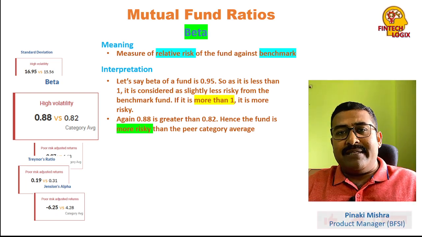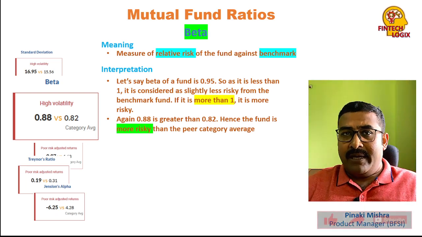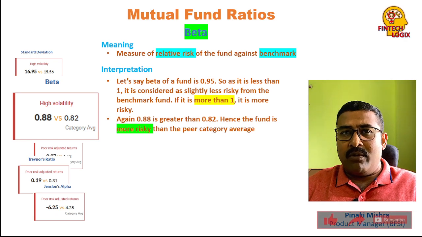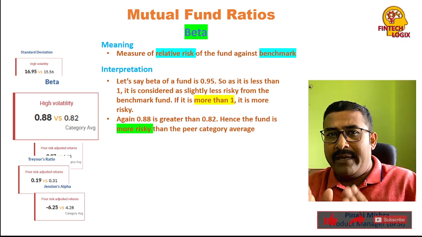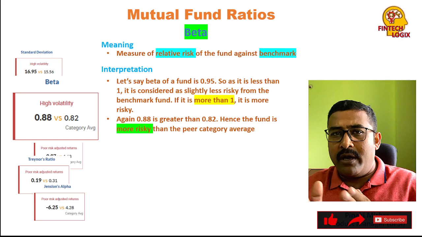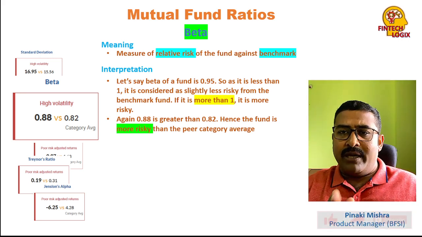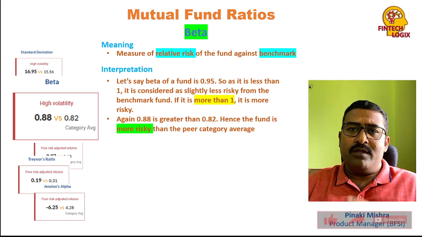Giving an example on the left hand side, let's say we are talking about 0.88 versus a 0.82 category average. Normally you would get the data in this form. So what does this mean?